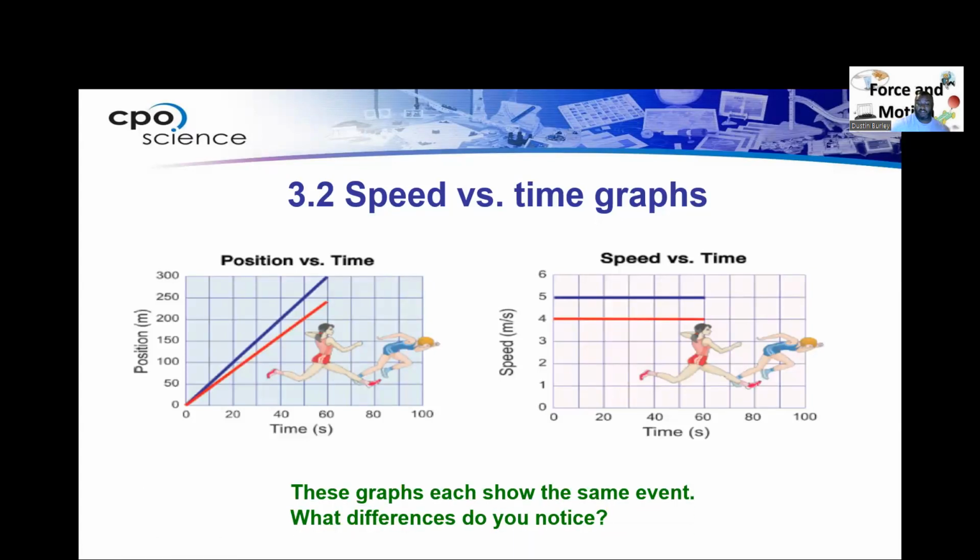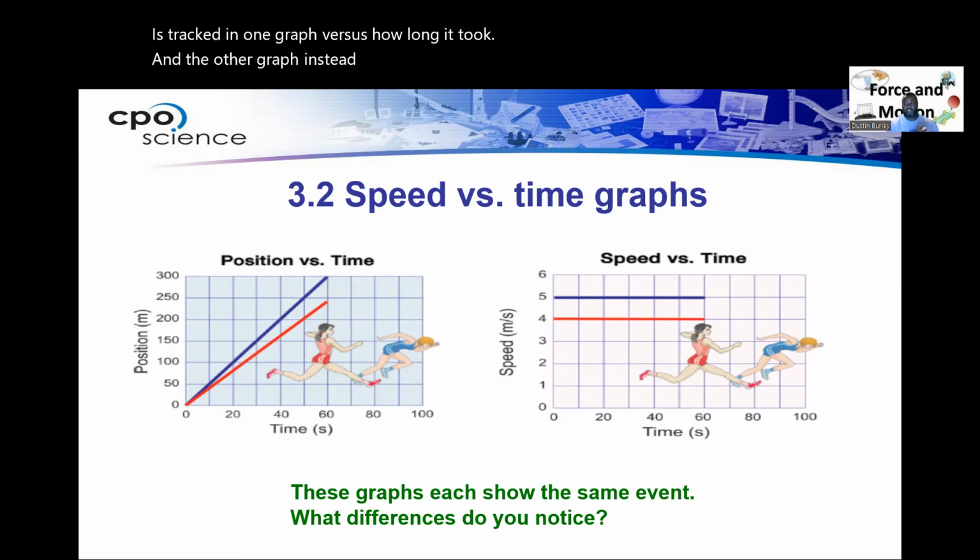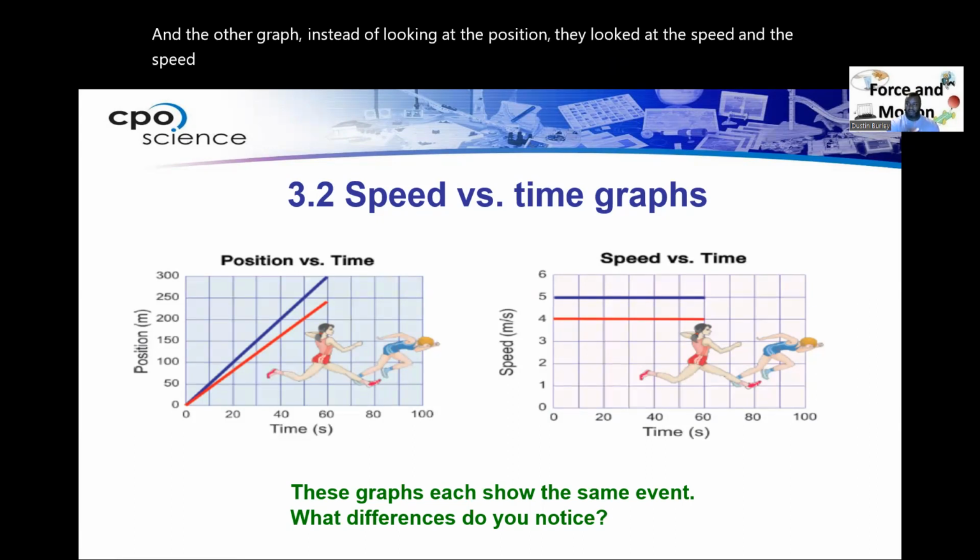These graphs each show the same event. What difference do you notice? The position that they started from, or where they're running from, is tracked in one graph versus how long it took. In the other graph, instead of looking at the position, they looked at the speed, and the speed stayed constant, as we can tell.